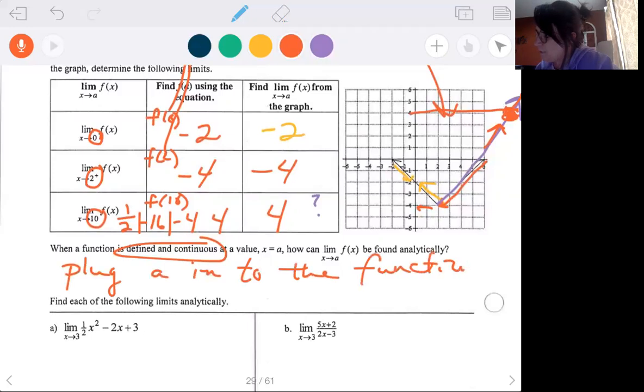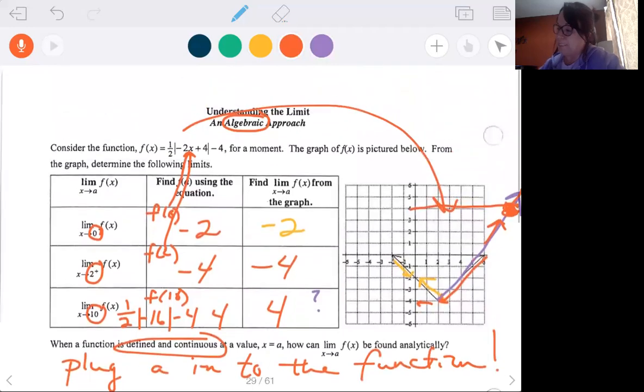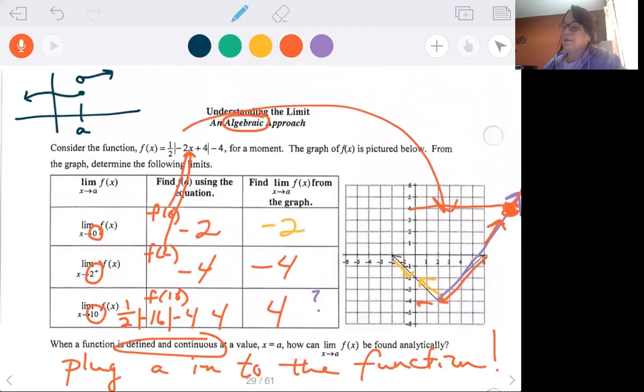Okay, so it appears that I can just plug a in to the function. And the answer is, yeah, easy peasy, you can, as long as the function's continuous at a. So watch, if a was right here, I can't plug and chug because I'm not continuous there. But if a was over here on this function, because I'm continuous over here, I will arrive at f of a from both sides.